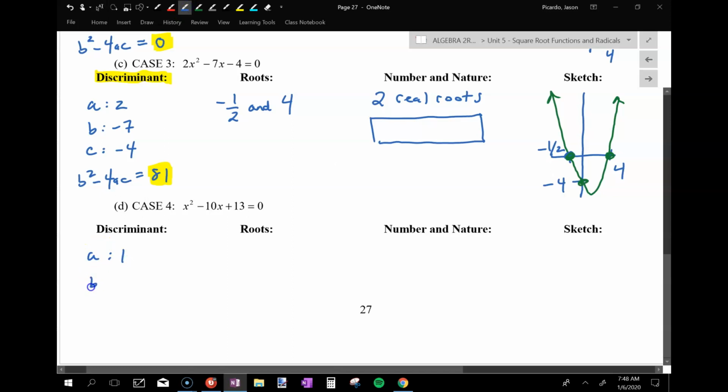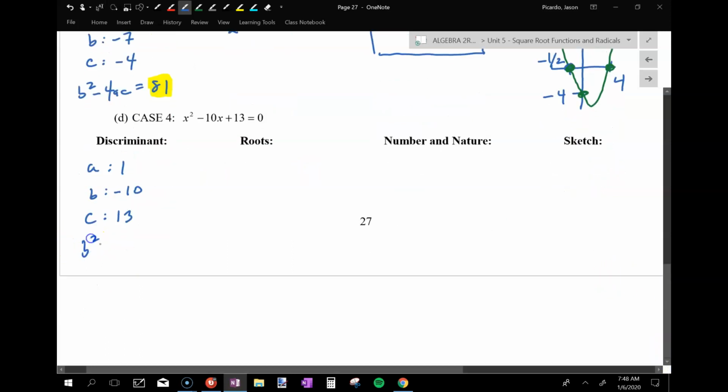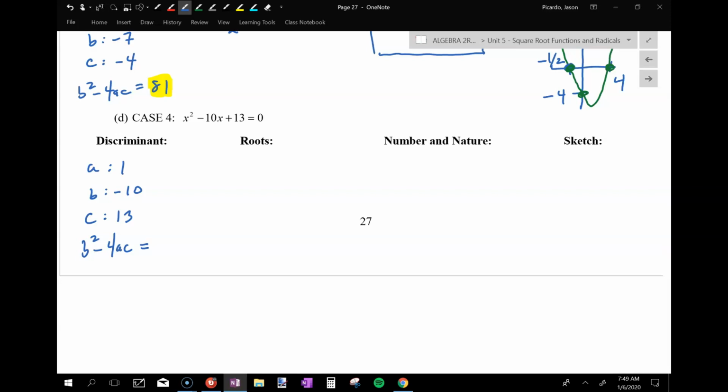A is 1. B is -10. C is 13. I'm going to rely on you guys to do all this one for me, okay? B squared minus 4ac, what you got?